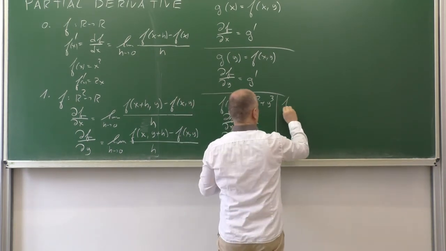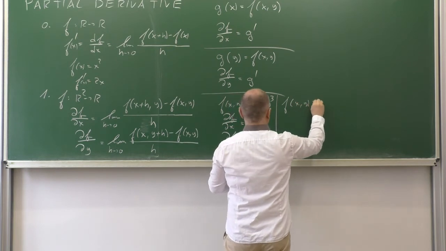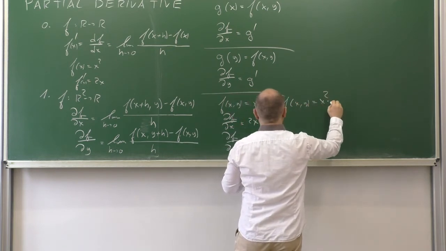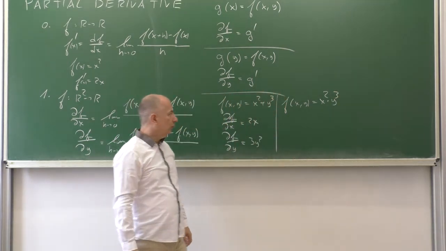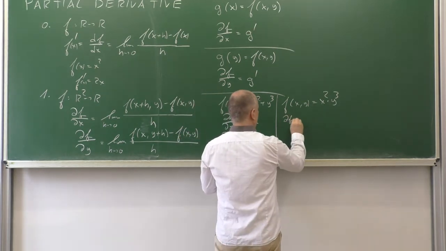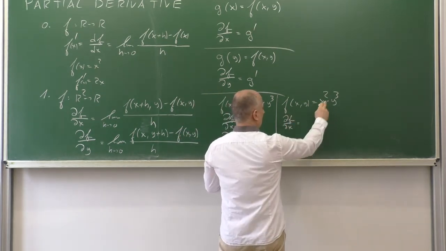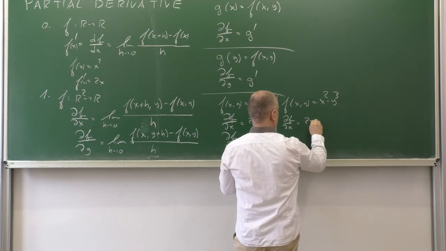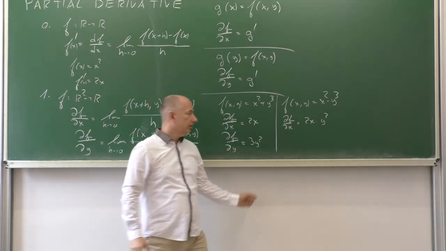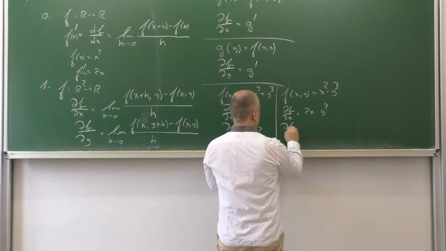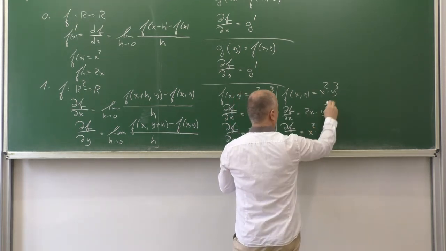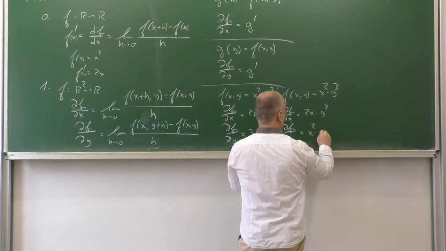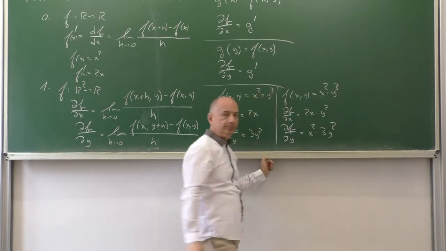On the other hand, if we have a function that is a product of these two expressions, x squared times y cubed, then df dx will be 2x, and this is a multiplicative constant, so we multiply by this constant, and the derivative with respect to y, this is a constant, and derivative of y cubed is 3y squared.